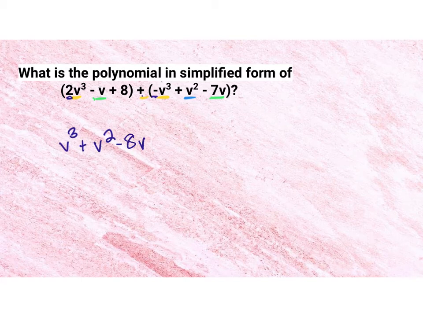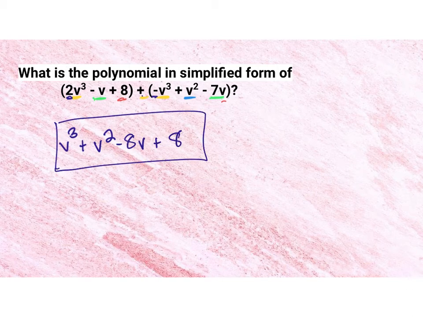Now I'm going to look for any constants I have, and I only have 1, 8, none on this side, so then I'm just left with plus 8. Notice how I organize that very carefully because I have a v cubed, a v squared, and then I have just a v, and then I have a constant. And so that would be my answer.